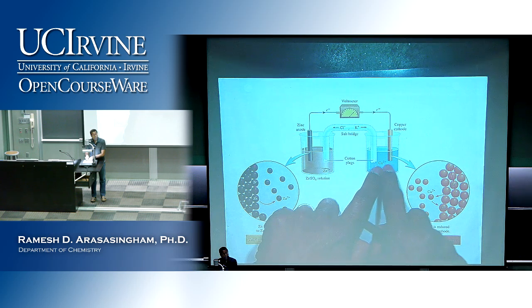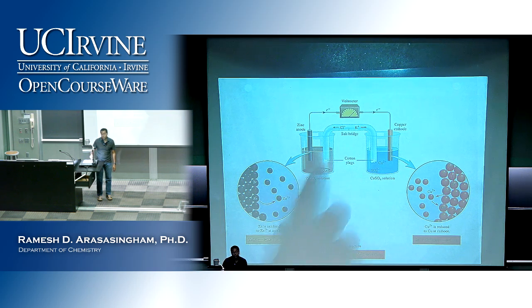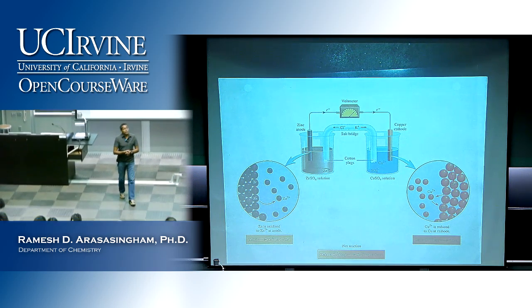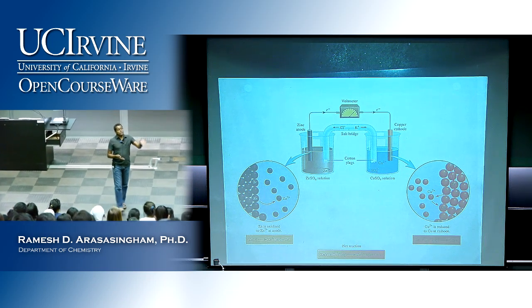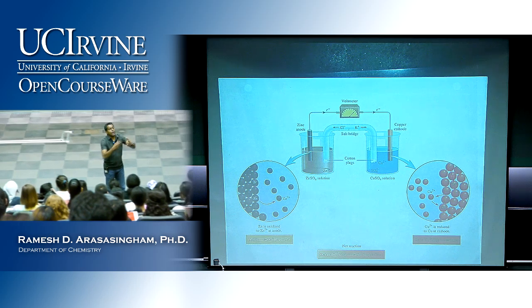The initial amount of copper ions will equal the sulfate ions. Got it? But once the reaction starts proceeding, you know that your zinc metal becomes zinc 2+. So in this solution, you're going to have more and more cations building up. So to balance the charge of the increasing number of cations, you need anions to migrate in there to balance the charge.